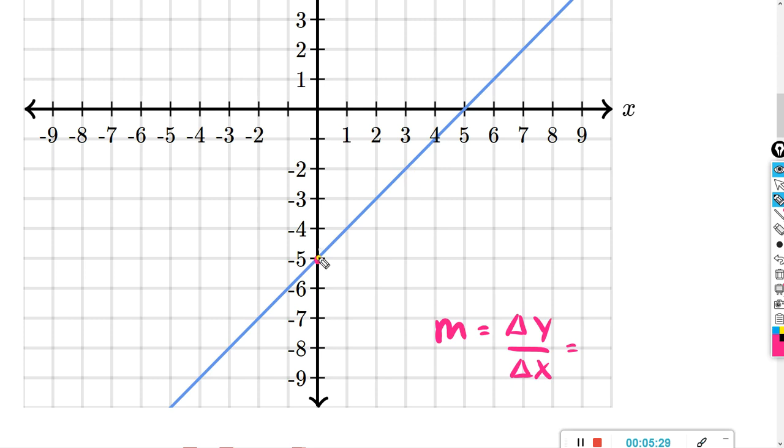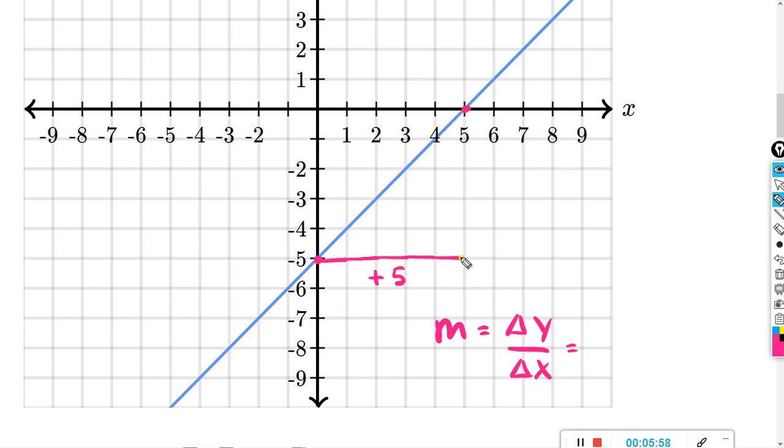So I'm going to start here and make my way over here. Starting at this point, by the way, it doesn't matter at which point you start, as you will see. Starting here, 1, 2, 3, 4, 5. I traveled to the right 5 units. When you go to the right, that's positive, so that's going to be a positive 5.